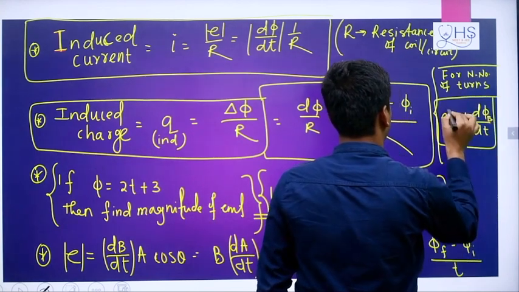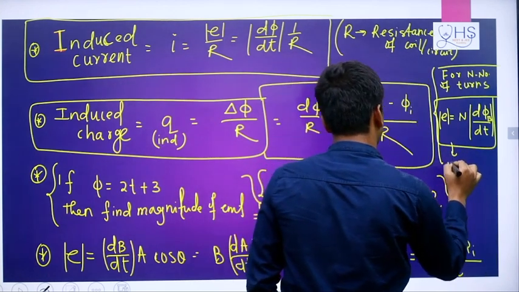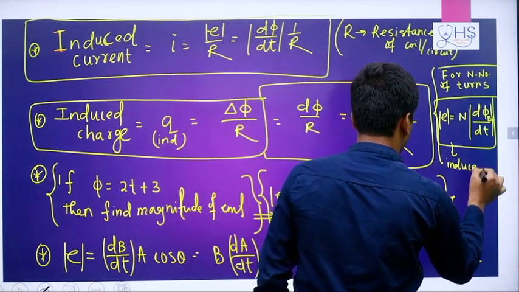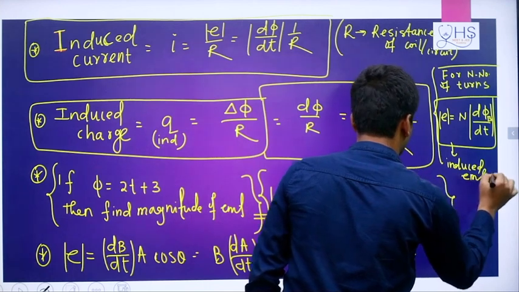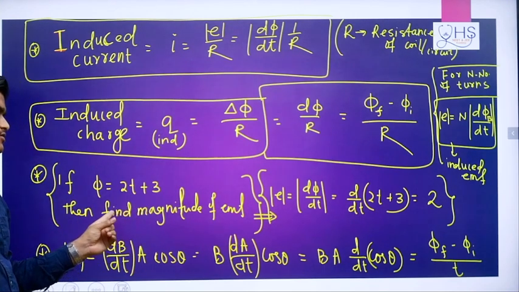If you are finding the magnitude, then n d phi by dt you can write. So this is your induced EMF. All these are important formulas, remember them for MCQs and problem solving: induced current, induced charge, and some differentiation relations also.